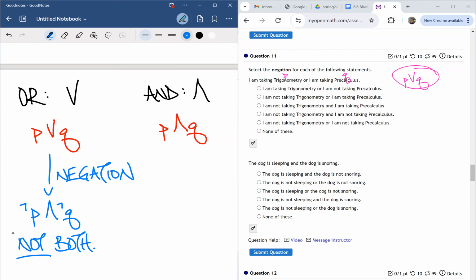And so the statement that says that is, I am not taking trigonometry and I am not taking pre-calculus. That would be our negation because we're negating both of them and putting in and instead of an or.